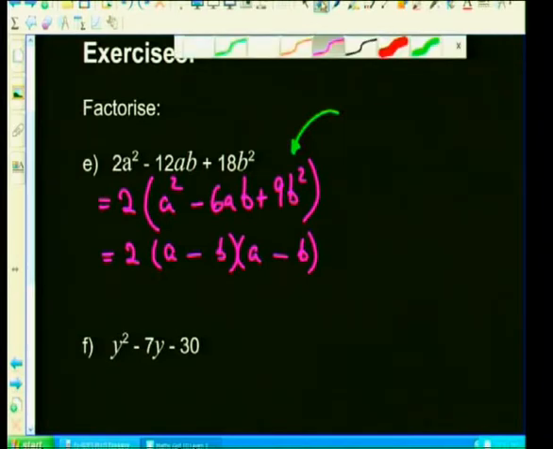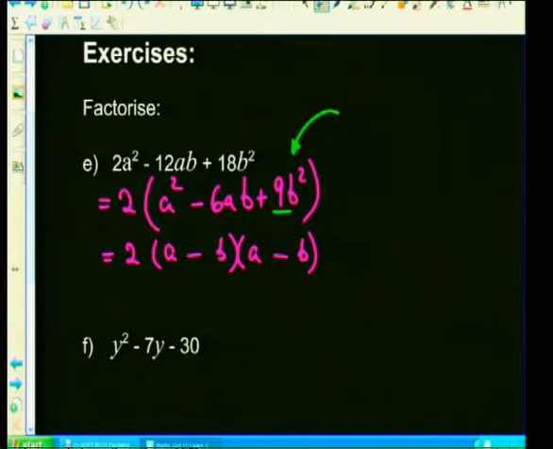So, as we said, what are the factors that multiply together to give you 9? Well, 9 and 1, 3 and 3, and remember it's type 2, so they have to add to give us our middle term of 6. 9 and 1, not an option. 3 and 3, there we go.